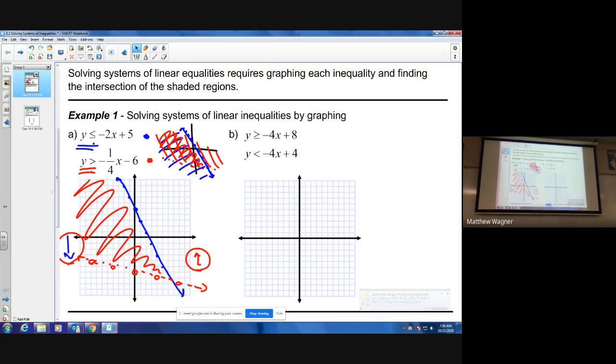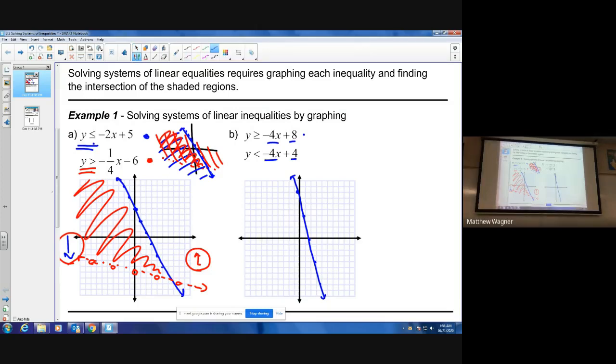All right, continuing on, looking at this next one, it looks like we have two parallel lines with different y-intercepts. So we have a y-intercept of 8, slope of -4, down 4 over 1, down 4 over 1. There we go.